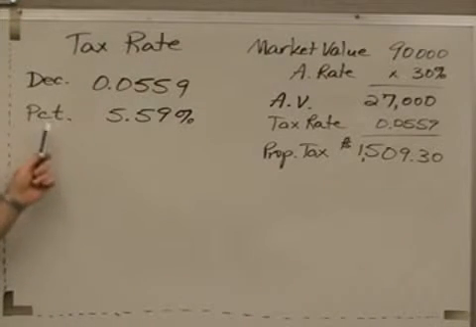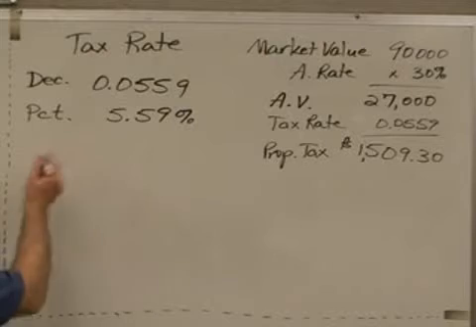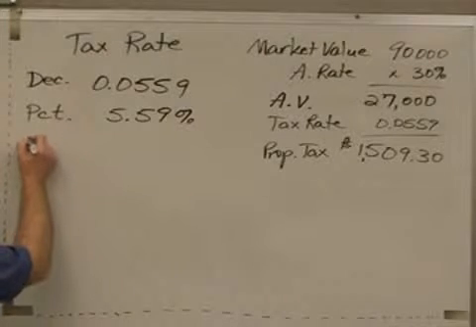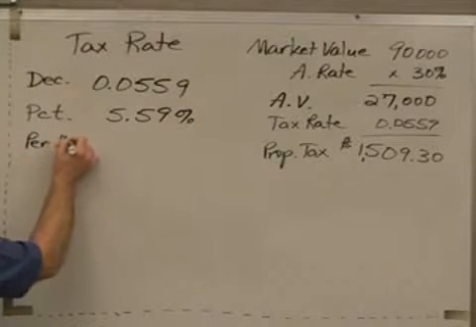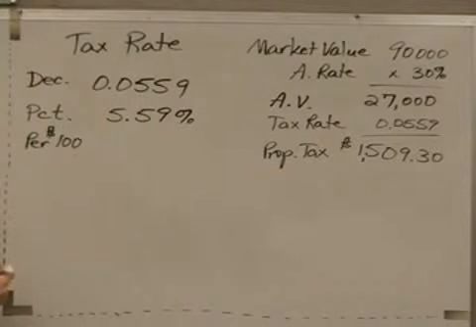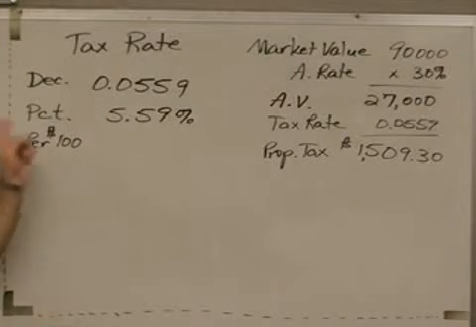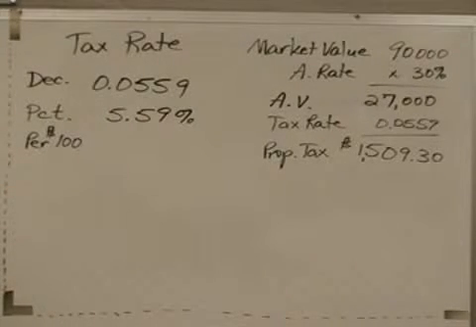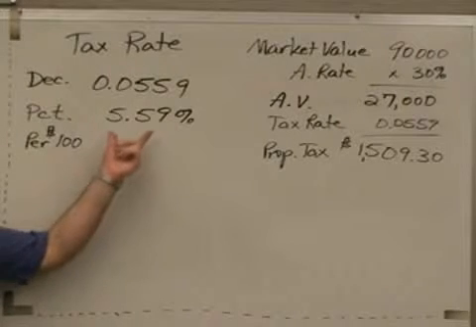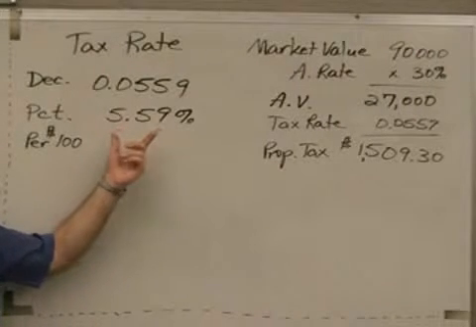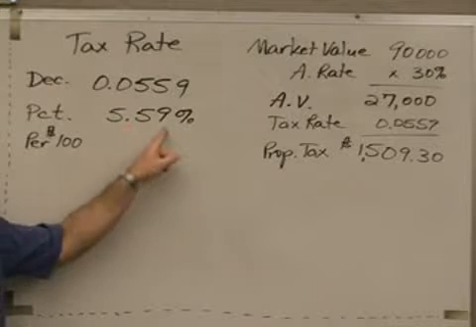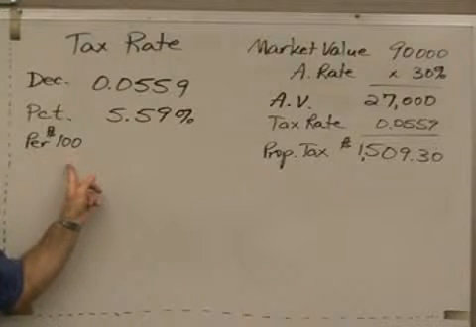Okay, so we have a decimal, a percent. There's another way this is expressed. This would be per $100 of assessed value. If we said, what's your cost per $100 of assessed value? Well, percent means per 100, doesn't it? So if we're paying 5.59%, we're paying $5.59 on every $100.